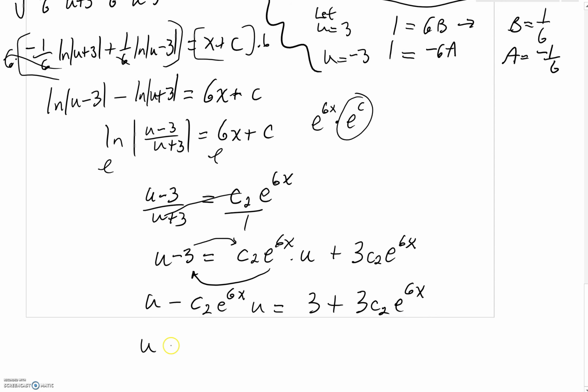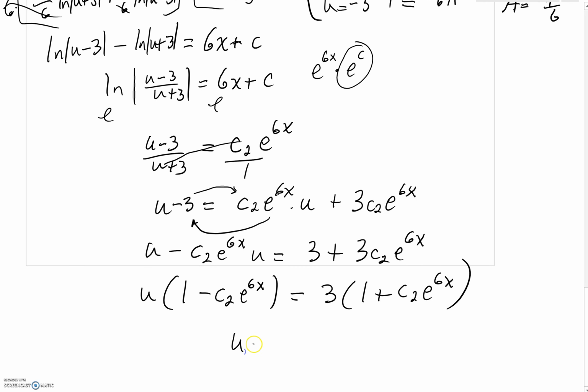And tell you what, I'm going to factor out a u. That's kind of nice. You could also factor out a 3 if you'd like to. That's kind of easy, isn't it? And at this point, then you can quickly divide and, very nicely, get an answer for u.